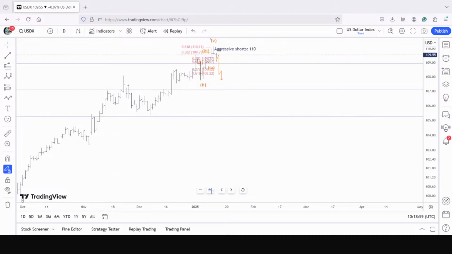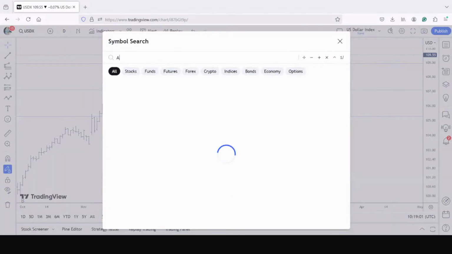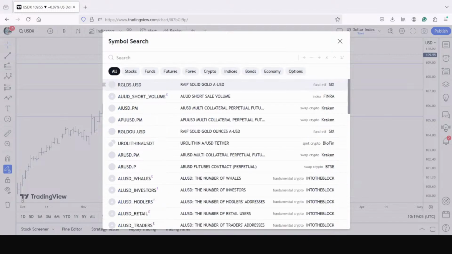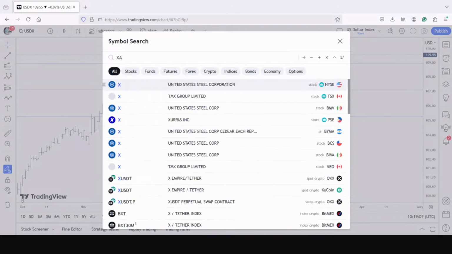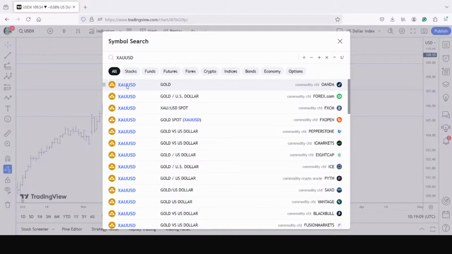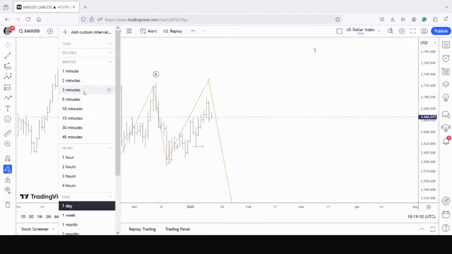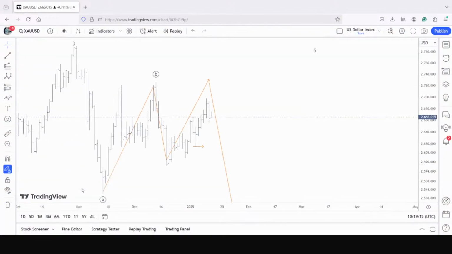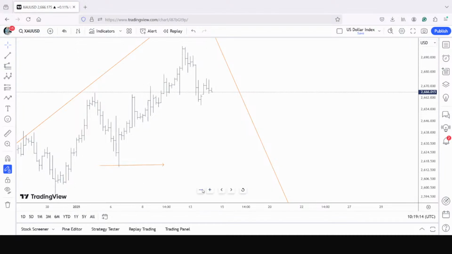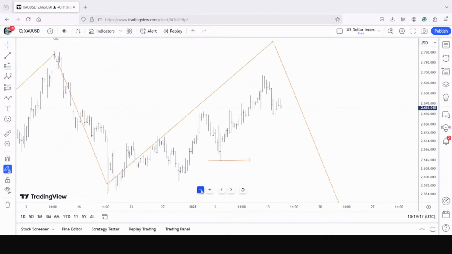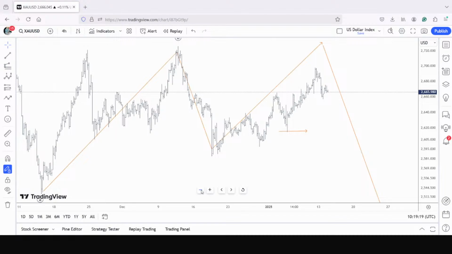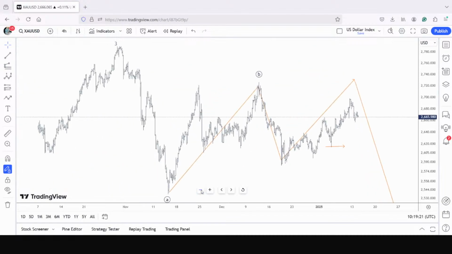Okay, so let's go back to gold now. I'd like to bring the story back to the 4 hour chart where we have been following it meticulously since last week.